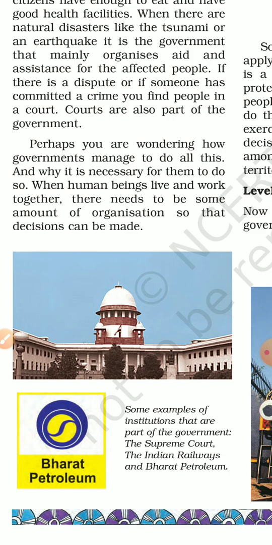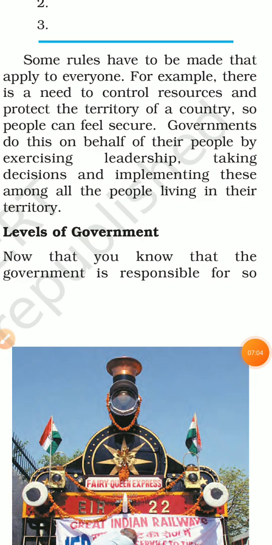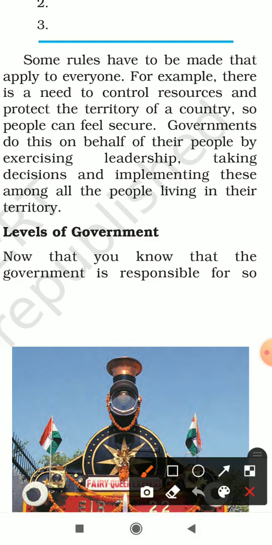When human beings live and work together, there needs to be some amount of organization so that decisions can be made. Some rules have to be made that apply to everybody in our country. For example, there is a need to control resources and protect the territory of a country so that the people can feel secure.